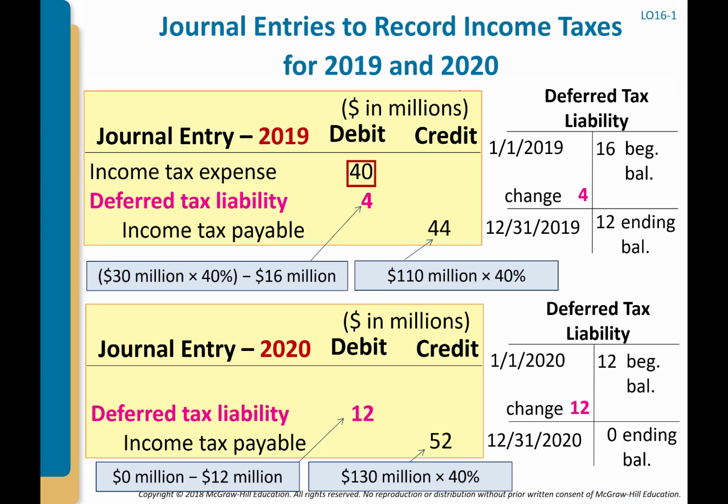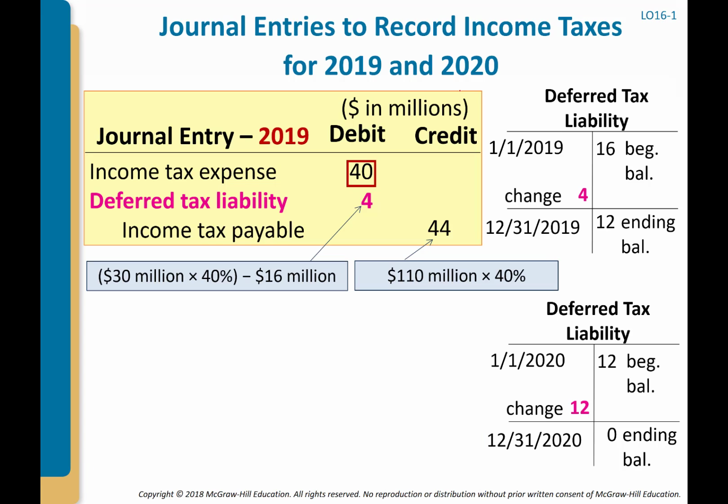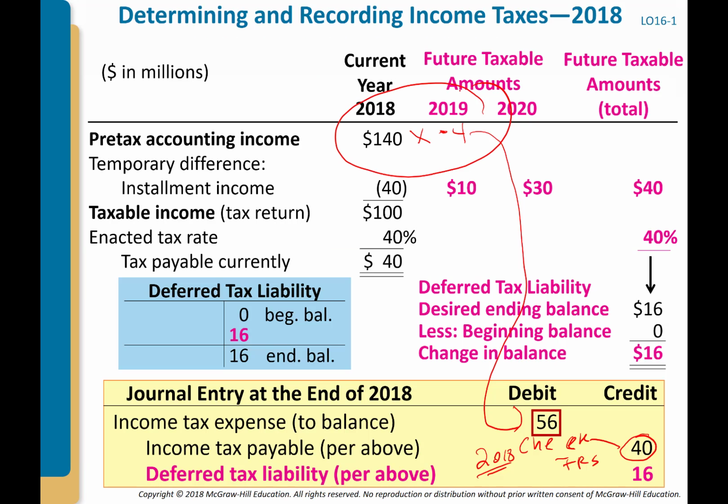If you look back at the previous slide, this one here, 30 is supposed to turn around in 2020, isn't it? 30 will turn around in 2020, right?